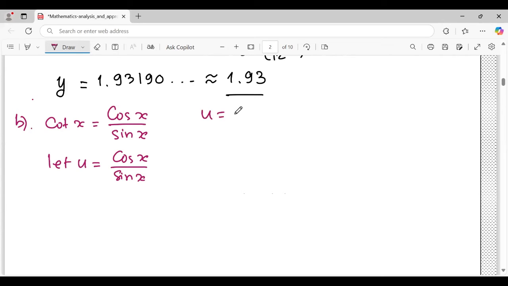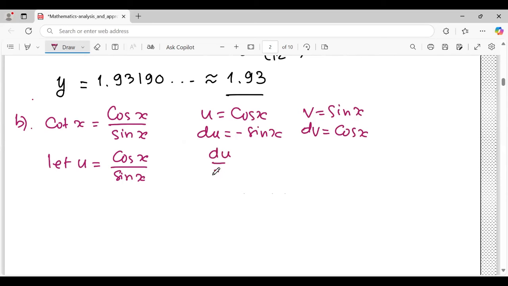Because this is a quotient, with numerator cosine x, the derivative is minus sine x. If the denominator is sine x, its derivative is cosine x.